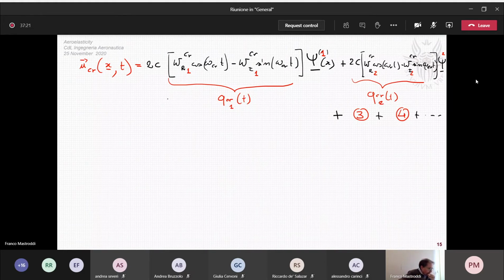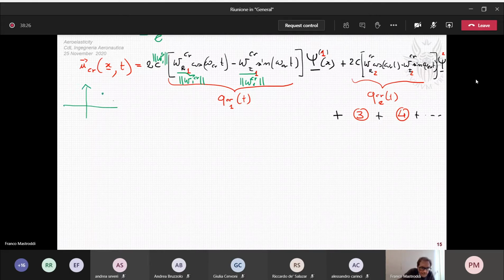And let me focus the attention on this. Look, if you divide this quantity by the magnitude of this complex number W1 complex, the first component of the critical eigenvector, and you multiply by the same quantity, which is the amplitude of the first component, and you do the same in the other quantity, you have that this is the ratio between the real part and the magnitude of the complex number.